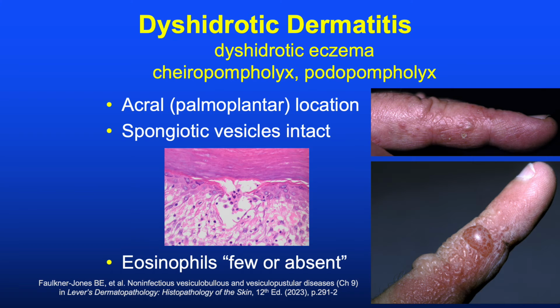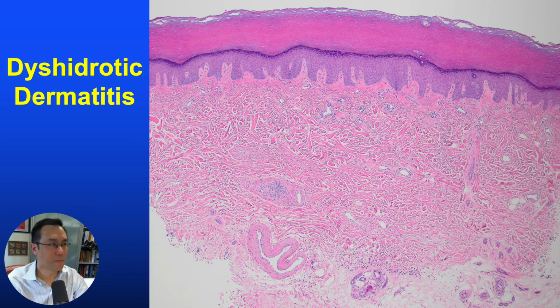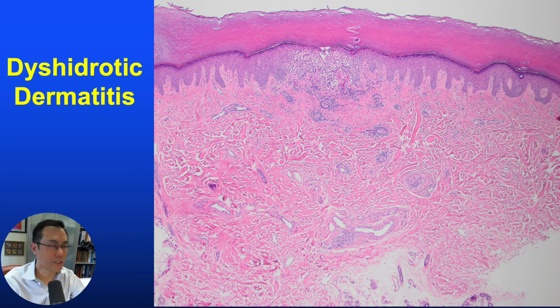And Dr. Beverly Faulkner Jones and colleagues writing in Lever's Dermatopathology also commented that eosinophils tend to be few or absent in this entity. So here is a precious punch biopsy of acral skin with spongiosis and spongiotic vesicles.